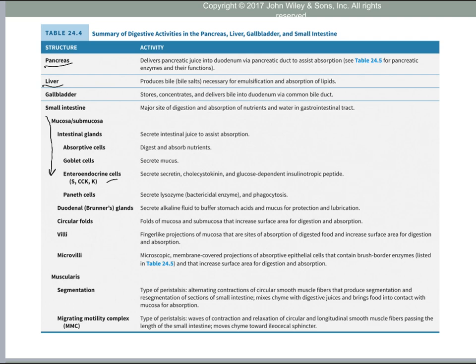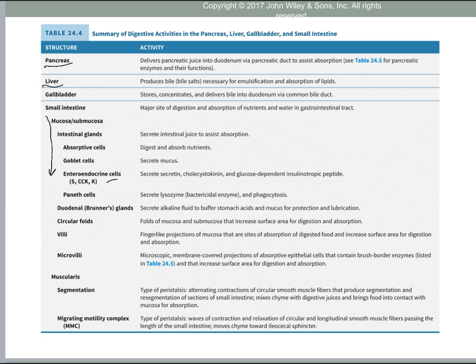All these are going to be secreted to monitor and control what's going on in the stomach and the small intestine. Paneth cells secreting lysozymes. So we're going to look at these in a little bit. Those Paneth cells are secreting lysozymes. These are bactericidal enzymes that are destroying bad bacteria and phagocytizing anything that does not belong there. Brunner's glands, they're secreting an alkaline fluid to help buffer the stomach acids and mucus that's protecting and lubricating.